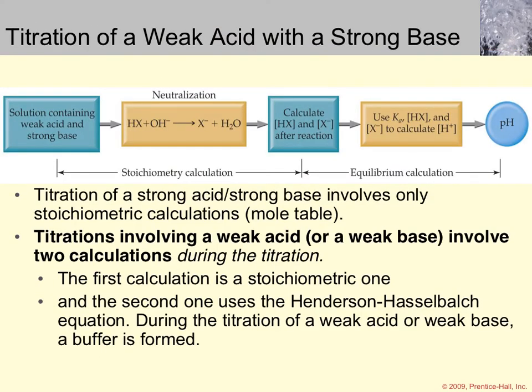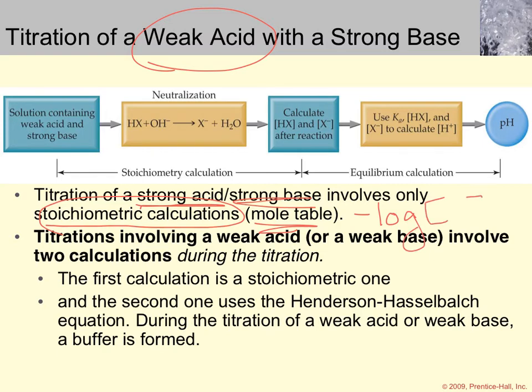Let me point out the key differences in doing calculations for titrating a weak acid versus a strong acid. Just to remind you, when you do the calculations for a titration of a strong acid and a strong base, all it is is stoichiometric calculations using a mole table and then using the formula minus log of the concentration to find pH. Pretty straightforward.